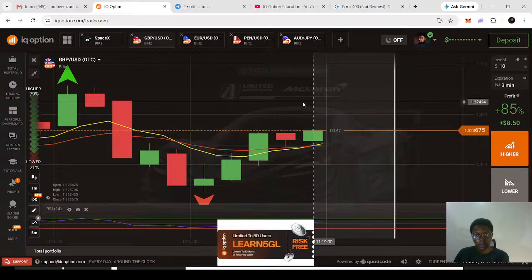One thing you should have done is wait for the next candle before you make your decision. But as you can see, it has already crossed around here, and we have our RSI above 50, and we'll just use this fractal. But in your trades, you have to have your fractal around here or around here. But we'll just wait and see what's going to happen in the next 3 minutes.